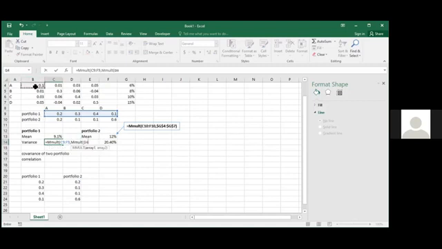Now select the variance covariance matrix multiplied by the row wise portfolio proportions.